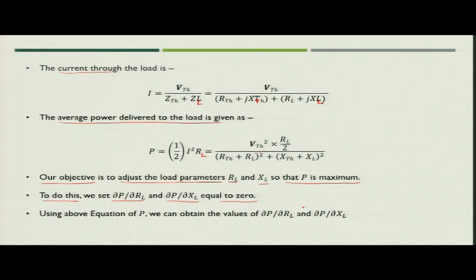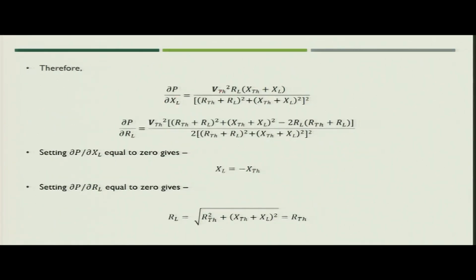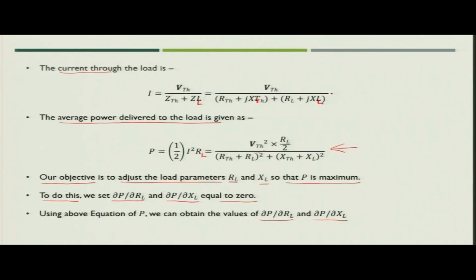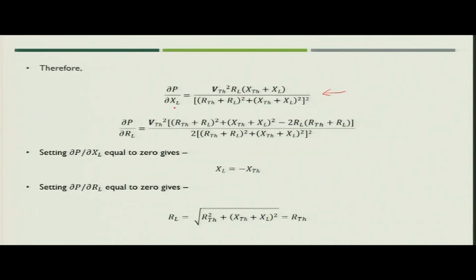If we obtain del P by del RL and del P by del XL using this equation, del P by del XL is VTH square into RL into (XTH plus XL) divided by ((RTH plus RL) square plus (XTH plus XL) square) whole square. This is what you get when you differentiate this equation with respect to XL. Similarly, when you differentiate power P with respect to RL, you get the expression shown in the slide.